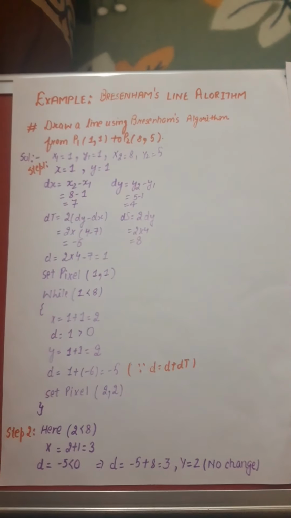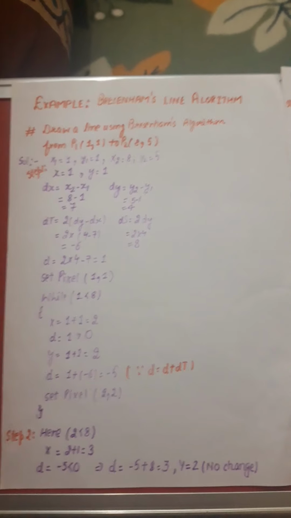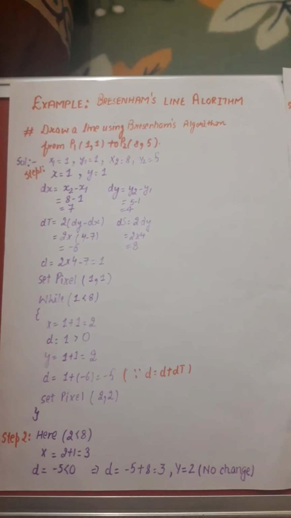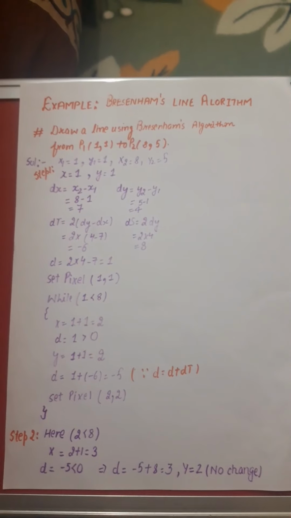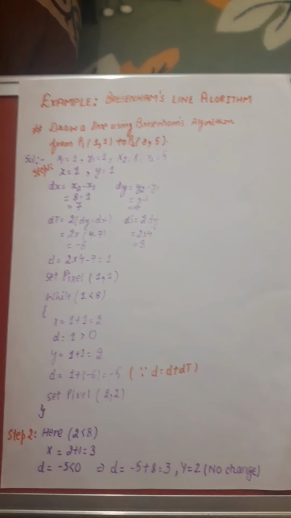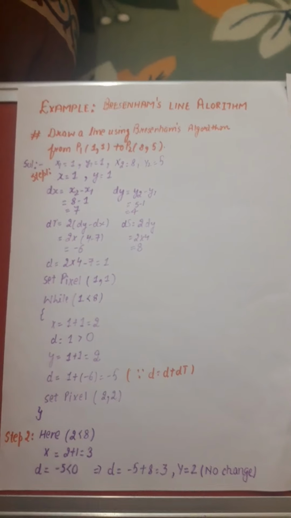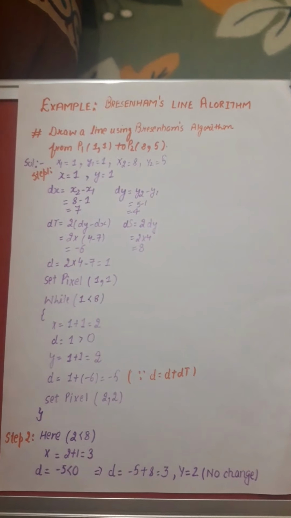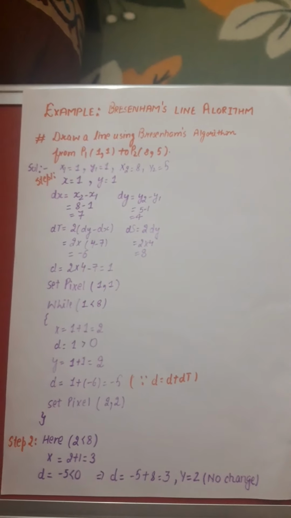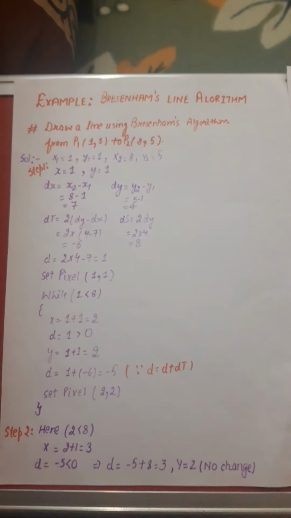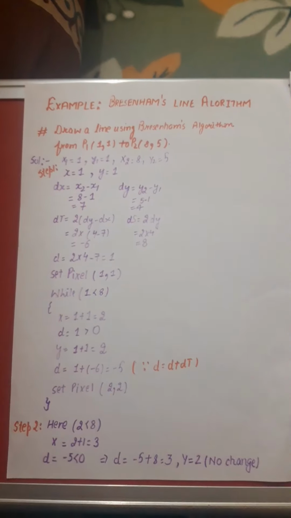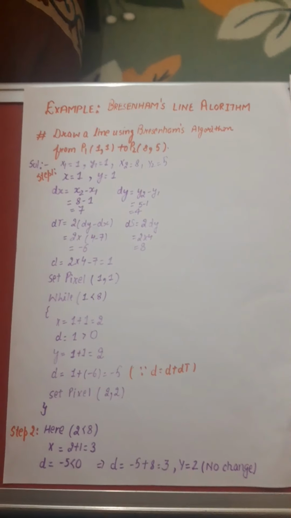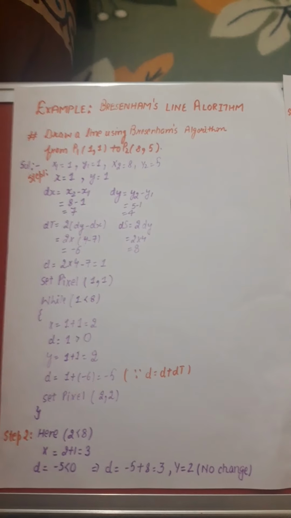So according to the algorithm, firstly we will set the parameters x and y with the initial values of the first point of the line. So x is 1 here, y is also 1 here, and according to the algorithm we will find the other parameters like dx equals x2 minus x1, 8 minus 1, that is 7, dy equals y2 minus y1, that comes out as 4, dt equals twice of dy minus dx, that comes out as minus 6, and ds equals 8.